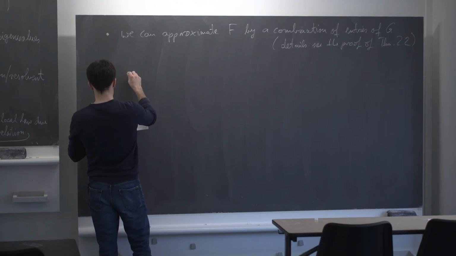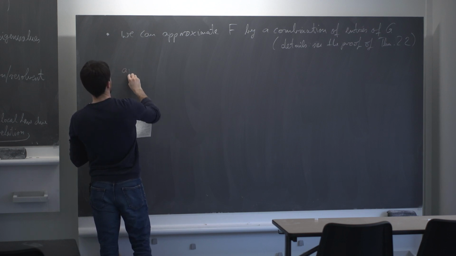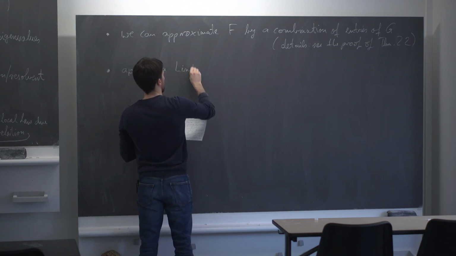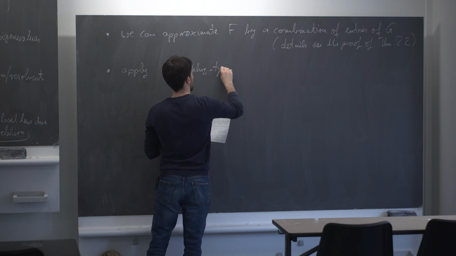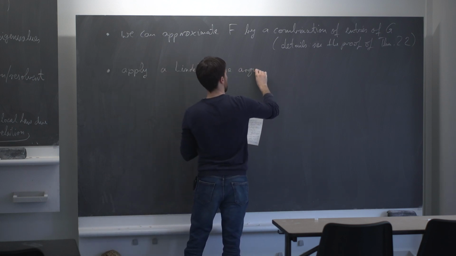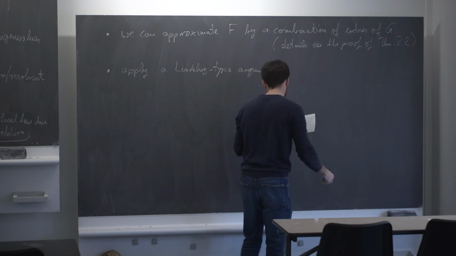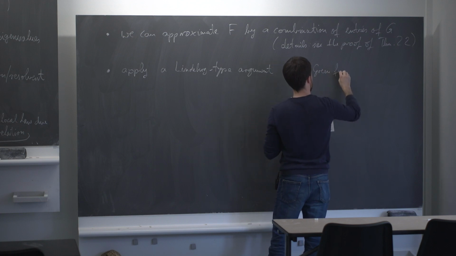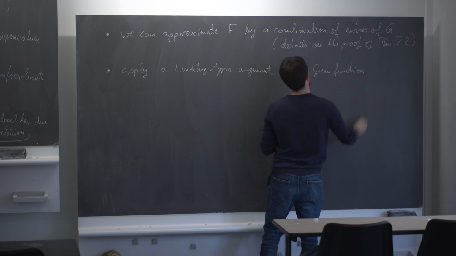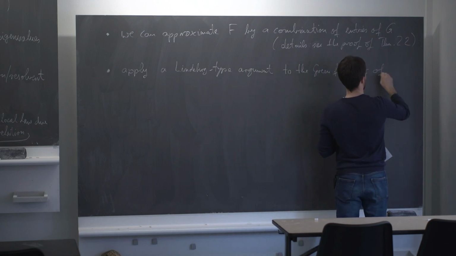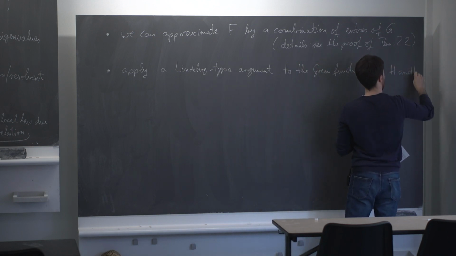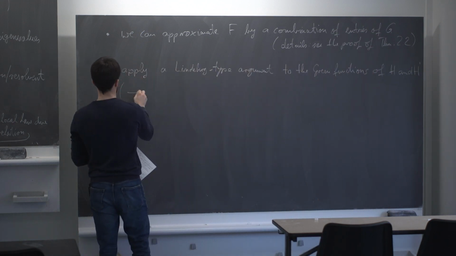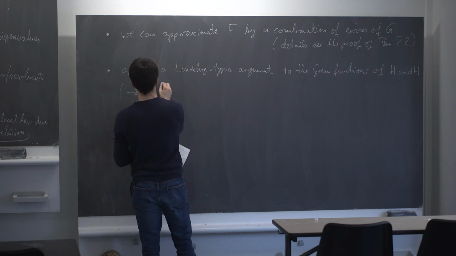So we can approximate them and then apply a Lindeberg type argument to the Green function, or well, maybe Green functions of H and H prime, and this method is called Green function comparison.